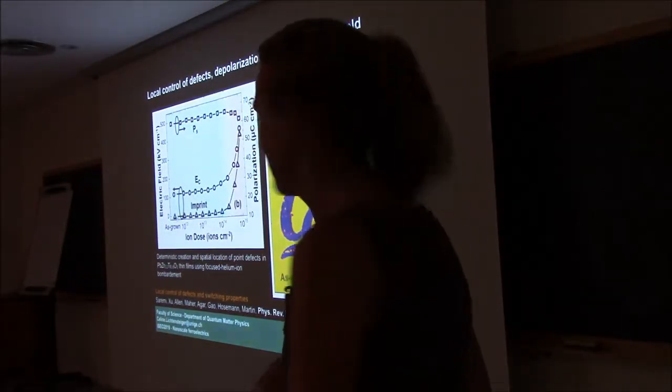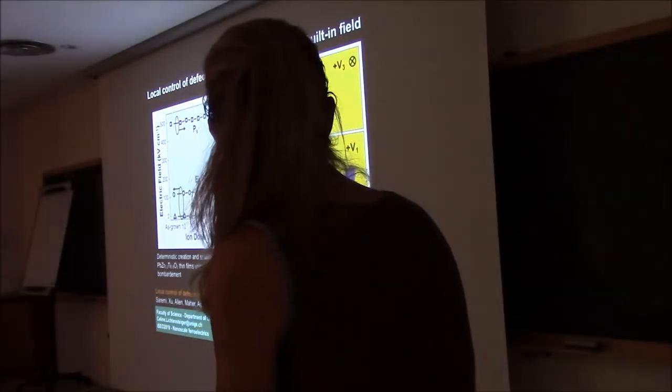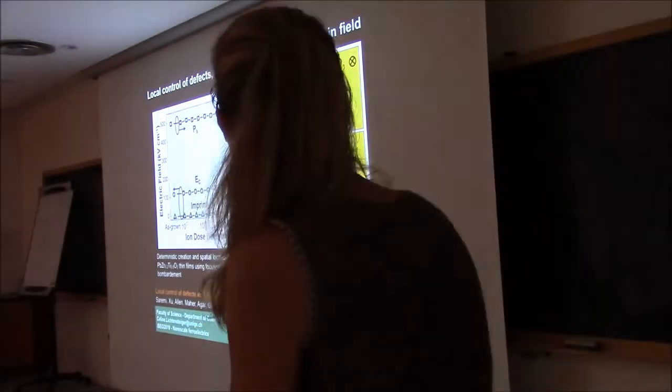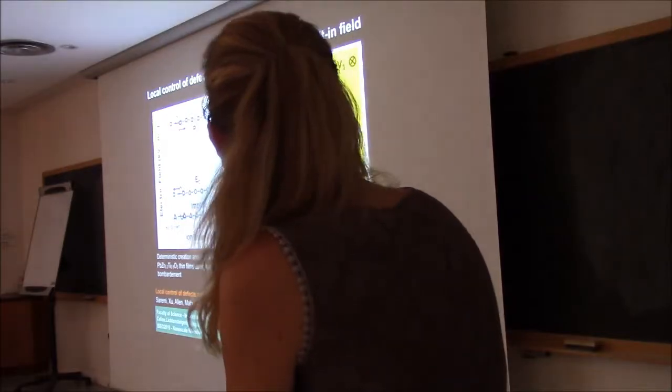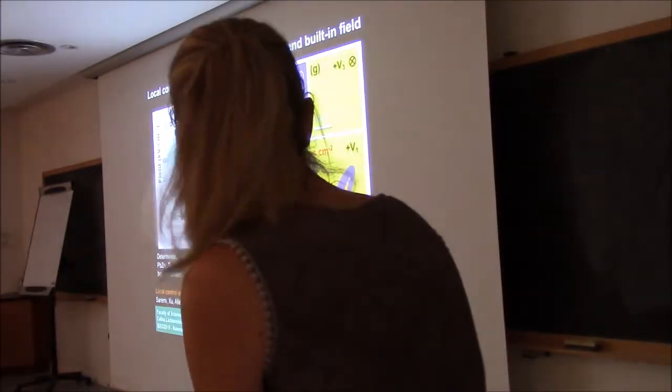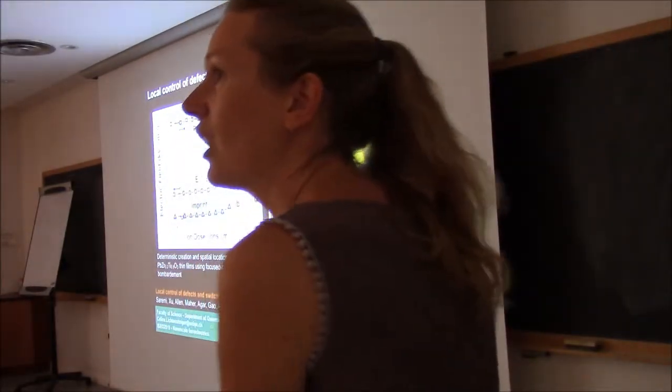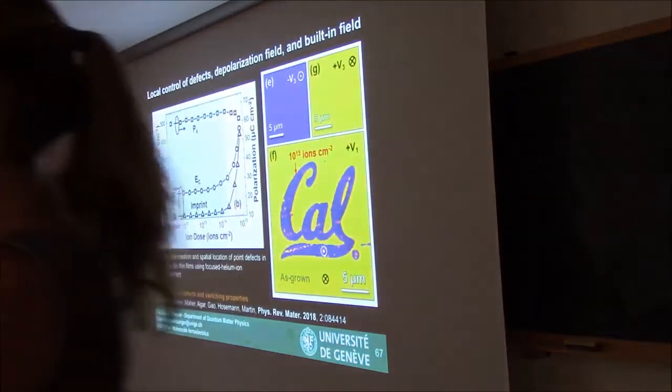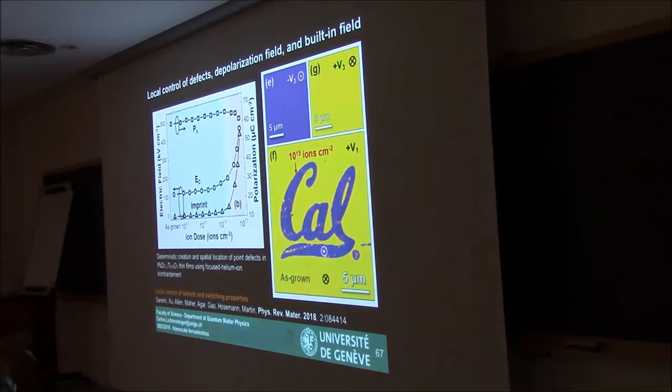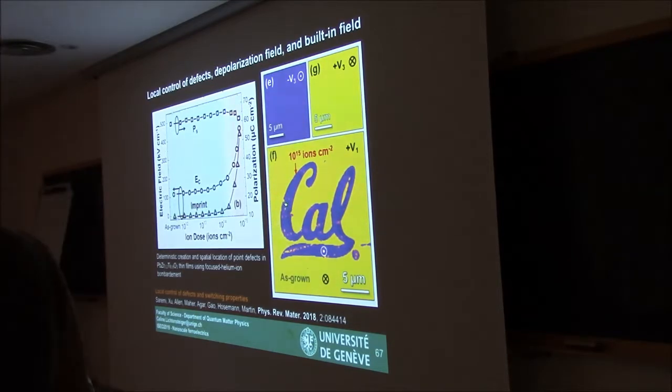And what happens is that here, because of the built-in field, the voltage is enough to switch the polarization, but here it doesn't switch. So now, just scanning with the AFM with the same voltage everywhere, they are switching one region and not the other region. And I think that's very, very nice.